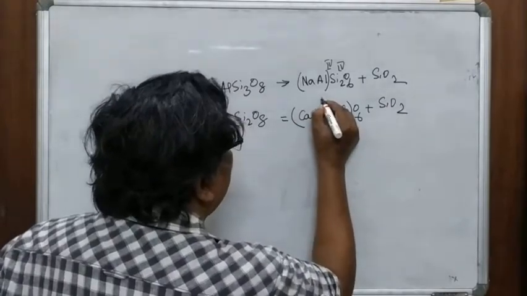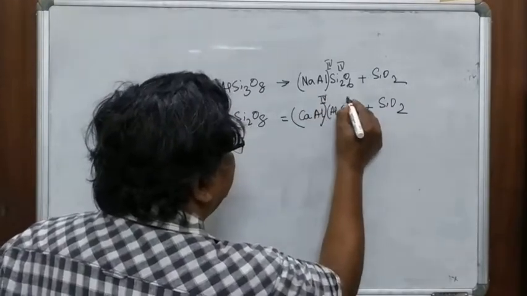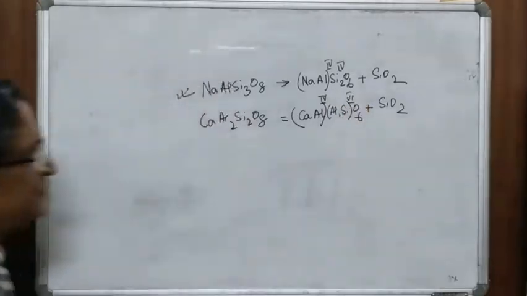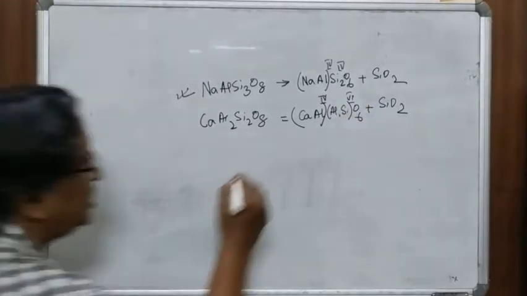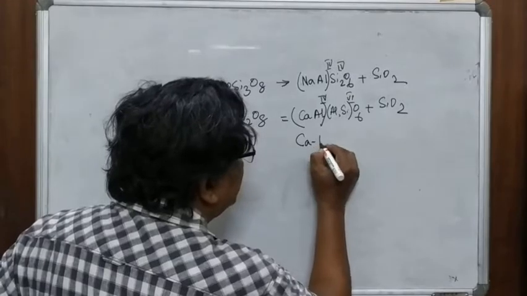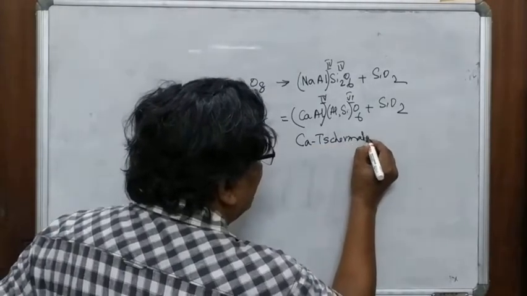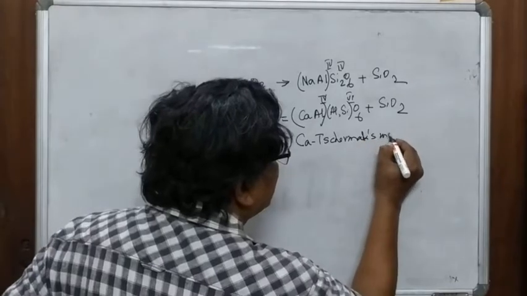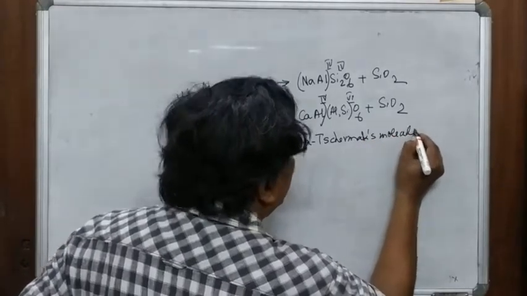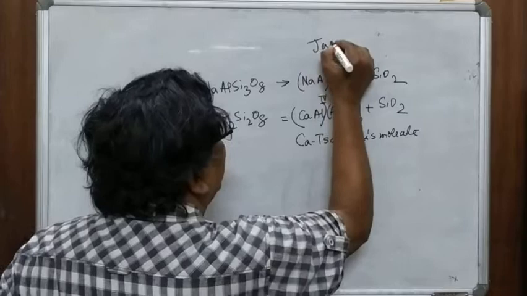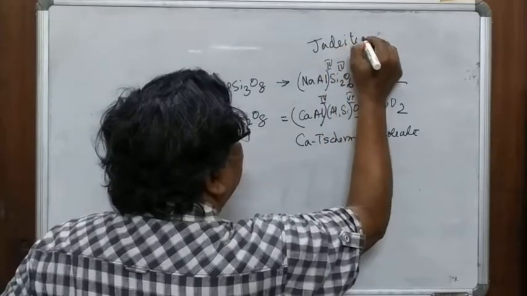Again, this is the octahedral side and this is the tetrahedral side. So this is called calcium Tschermak molecule. Calcium Tschermak molecule. And this is jadeite molecule.